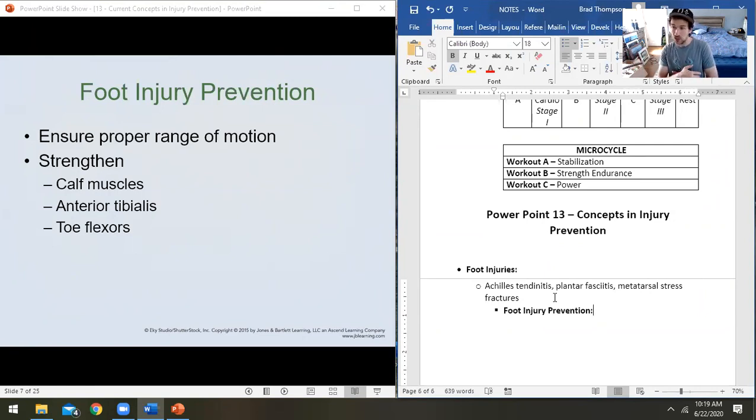So foot injury prevention, for the most part, your biggest thing is to ensure proper range of motion in the foot and ankle complex.